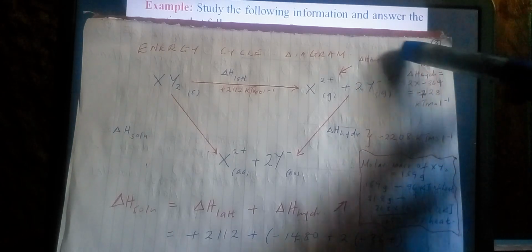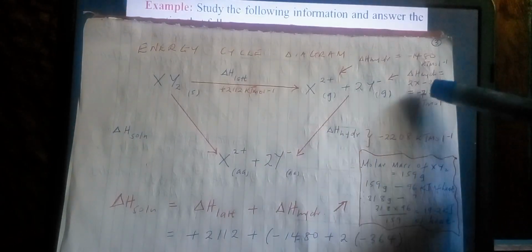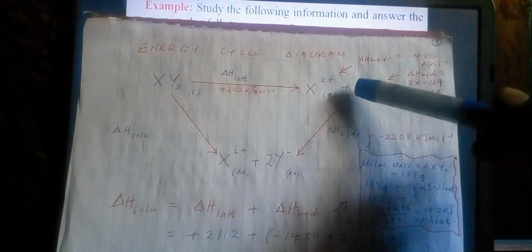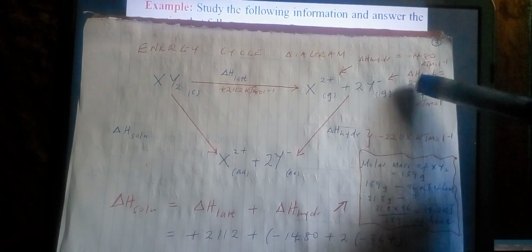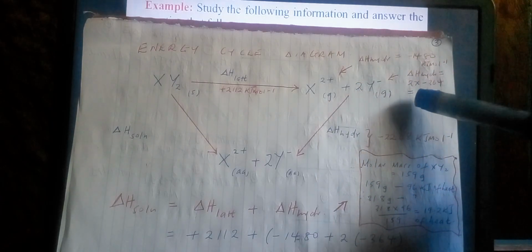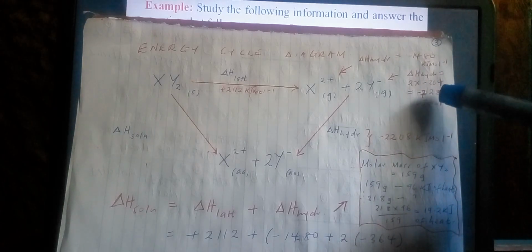So that one is for X ion. Then for Y ion, 1 mole is negative 364 kilojoules per mole. But because there are 2 moles here, we multiply 2 times 364, as you can see here. So we get negative 728.